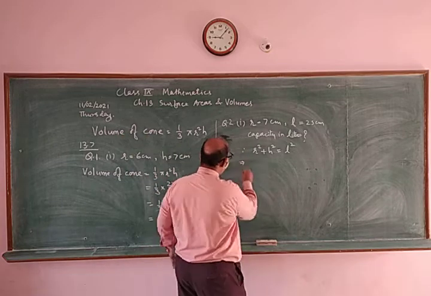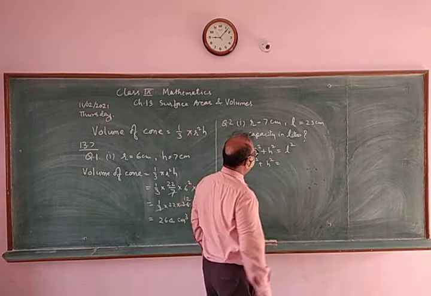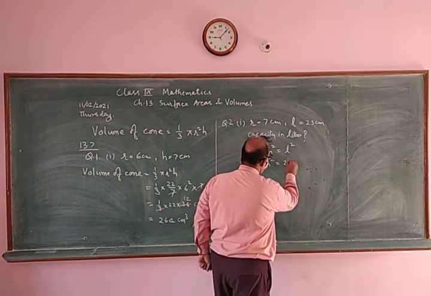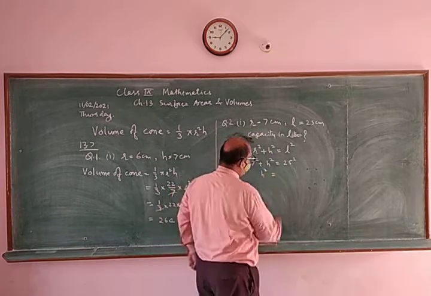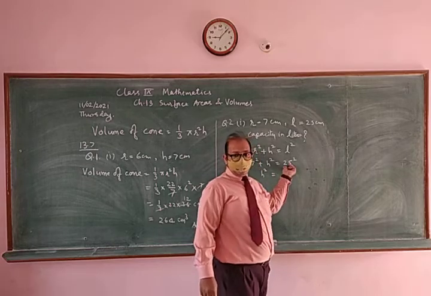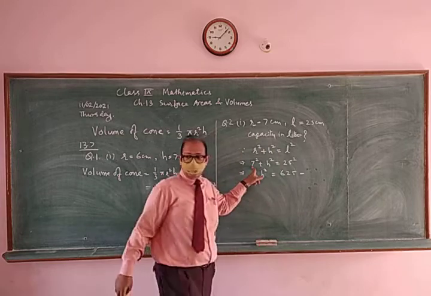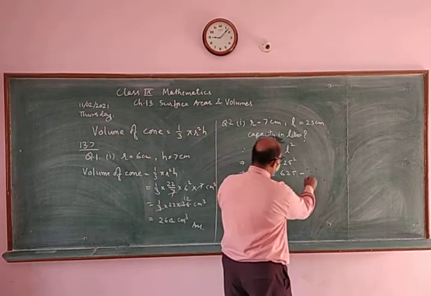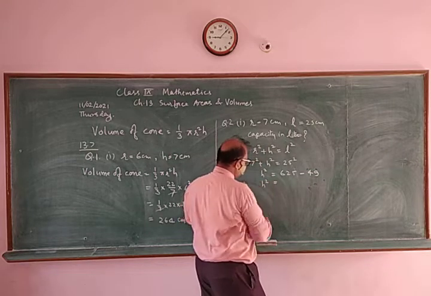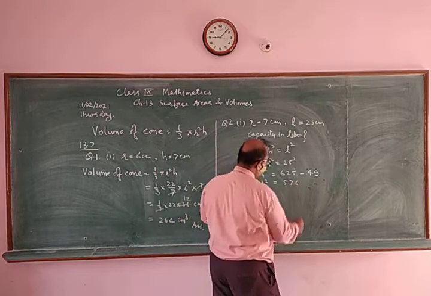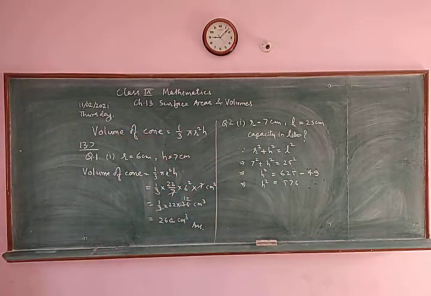Now what is r? 7 square plus h square is equal to 25 square. Therefore h square is equal to 25 square, which is 625, minus 7 square, which is 49. Subtract it: 576. Which number is the square of 24?